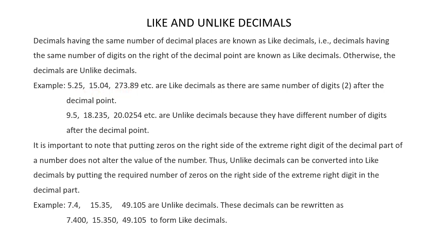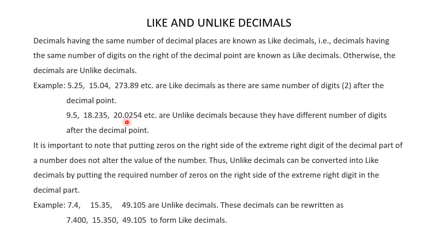Now look at these numbers: 9.5, 18.235, 20.0254. These three numbers are unlike decimals because they have different numbers of digits after the decimal point. 9.5 has one digit after the decimal point. 18.235 has three digits after the decimal point. 20.0254 has four digits after the decimal point.